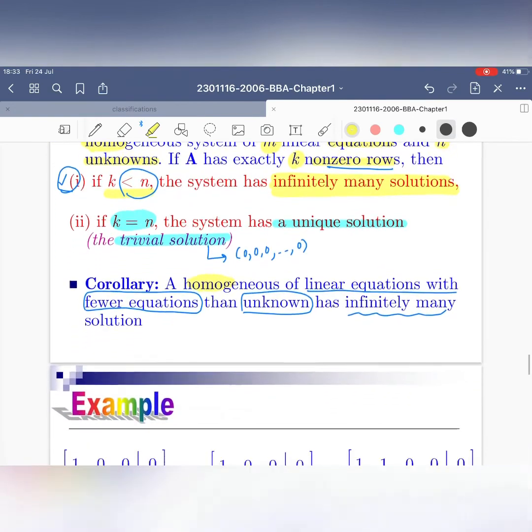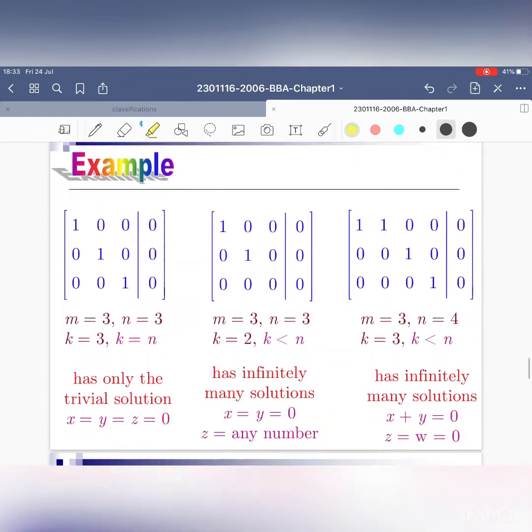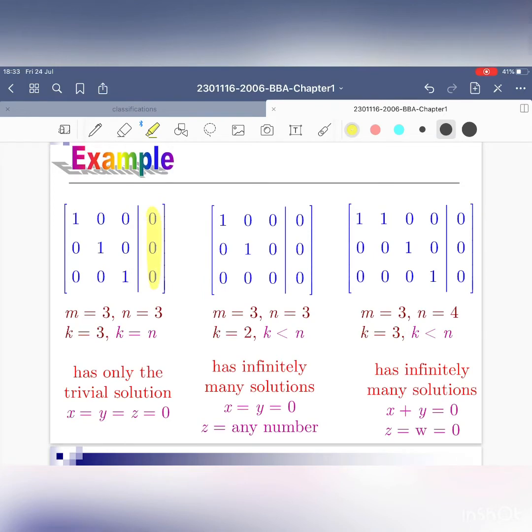So for example, this one is homogeneous, right? Because don't forget that if you write it like this, it is the augmented matrix. Here are the coefficients, and there is your right hand side, which is a constant matrix, and the constants on the right hand side are all 0.